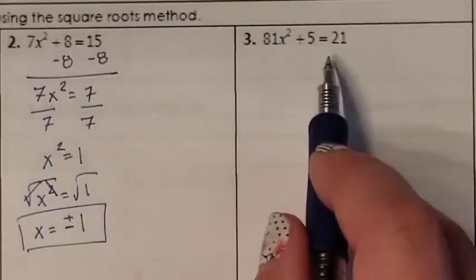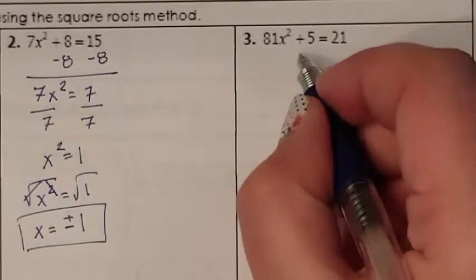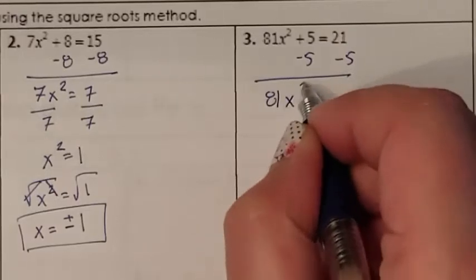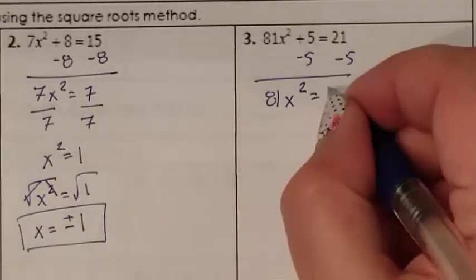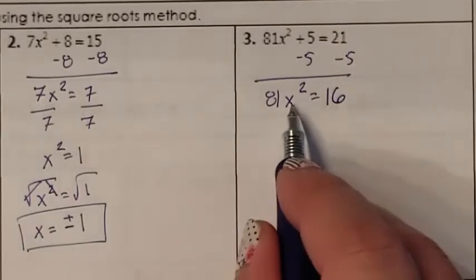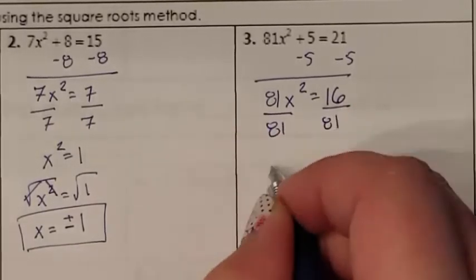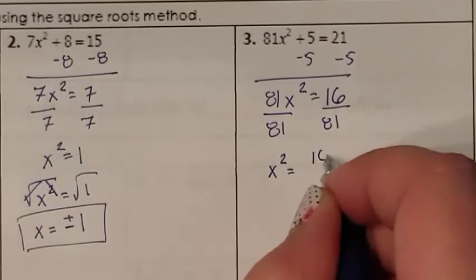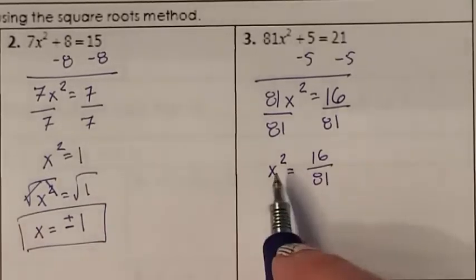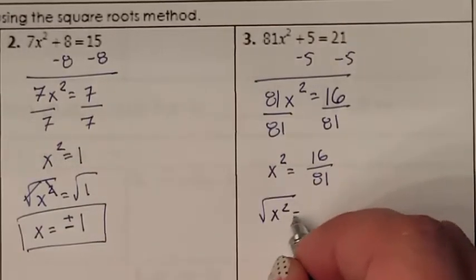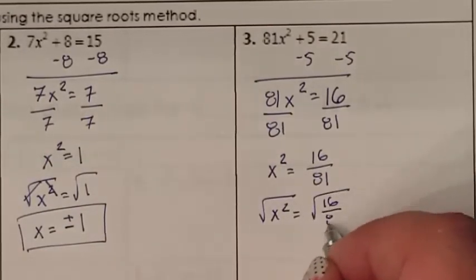Let's go ahead and do problem number 3. I need to solve for x, so I'm going to subtract 5 from both sides. I have 81x squared equaling 16. I need to get the x squared by itself, so I divide both sides by 81. So I have x squared equaling 16 over 81. I want the x, not an x squared, so I am choosing to square root each side.